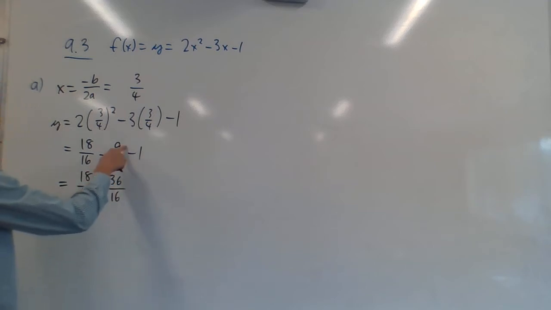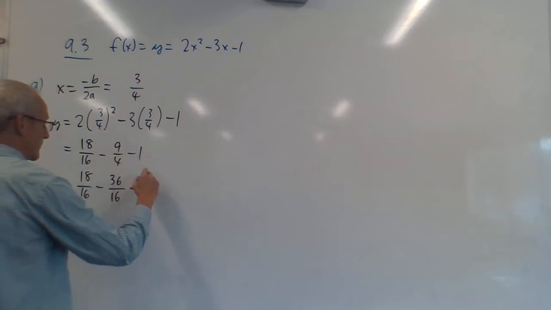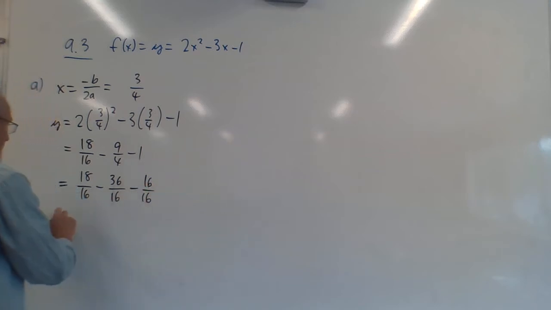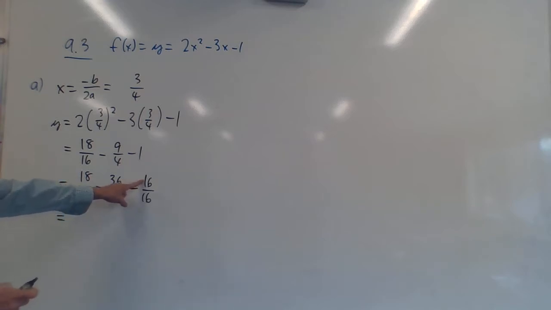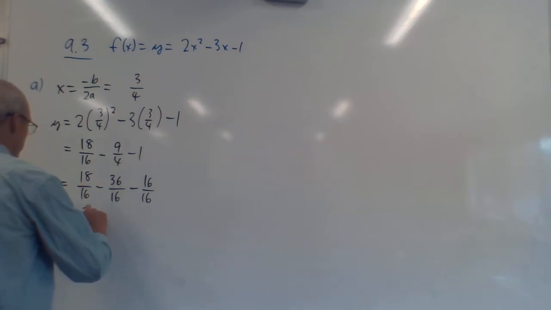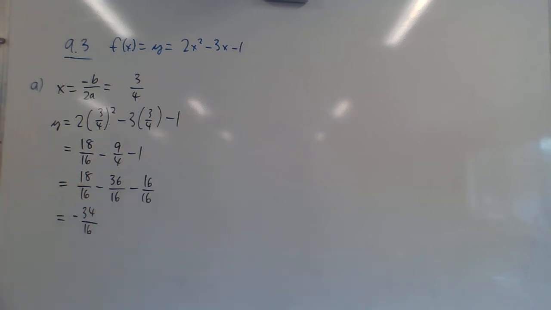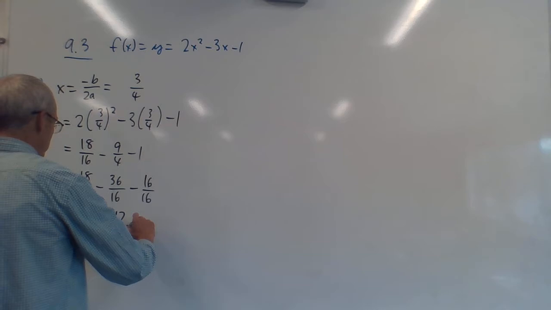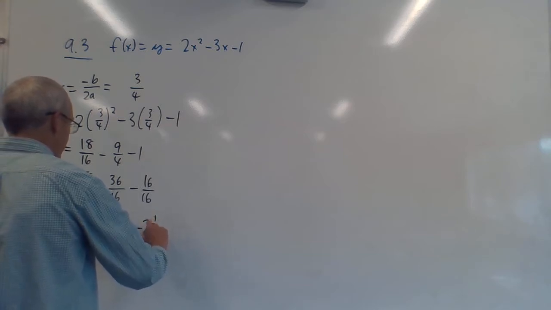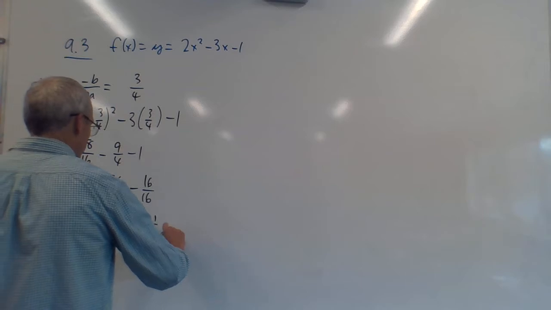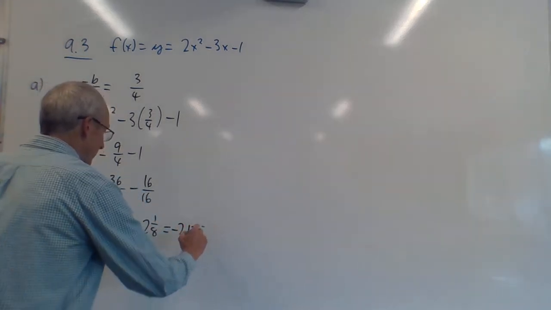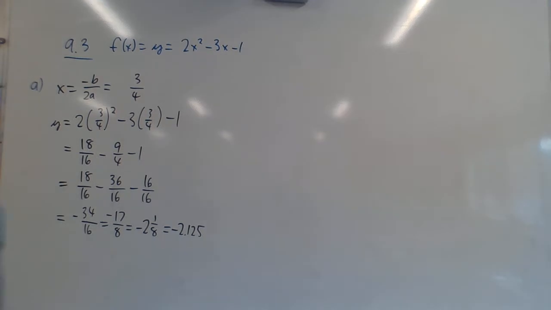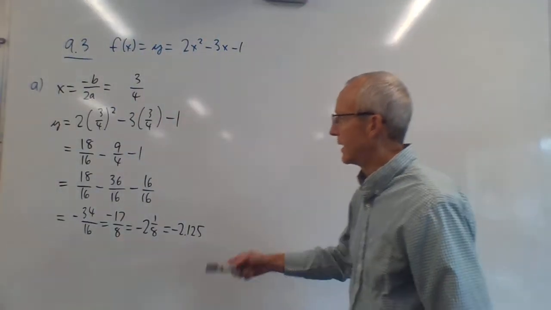Minus 1 is 16/16. 18 minus 16 is 2/16, minus 36 is minus 34/16. Those can be divided by 2. That's 17/8, which is negative 2 1/8. Let's write that as a decimal, negative 2.125. So the vertex y value is negative 2.125.